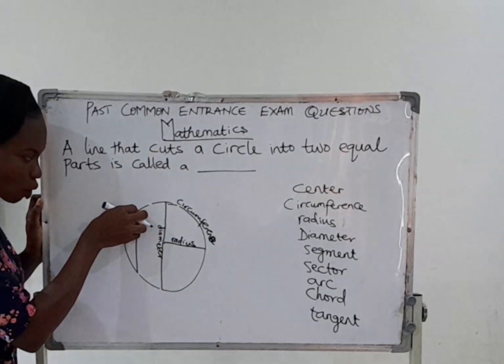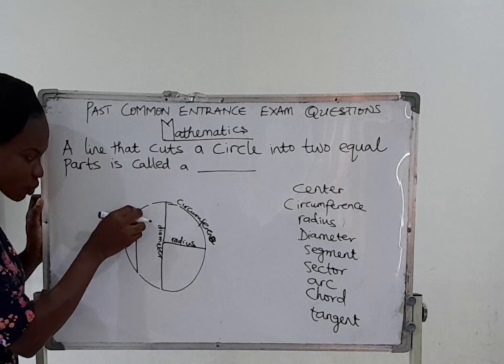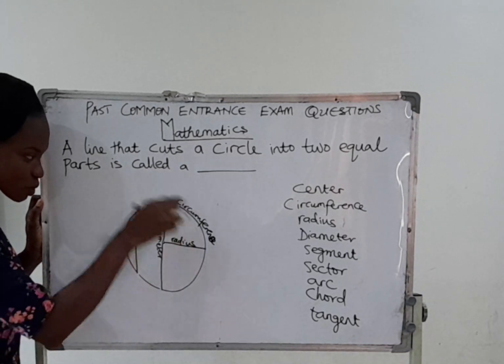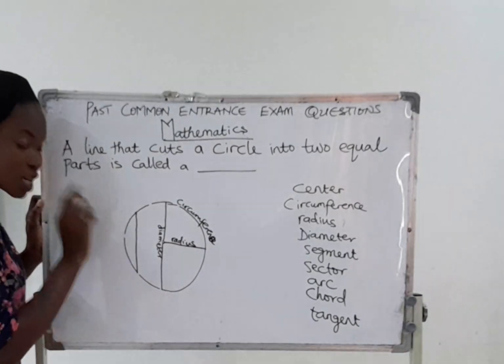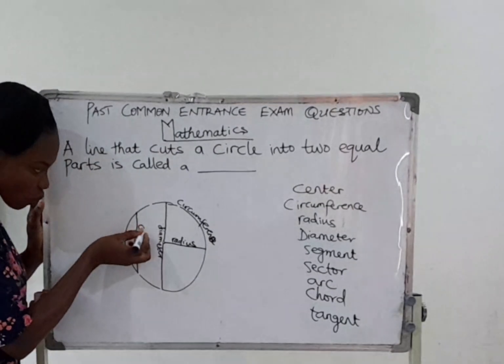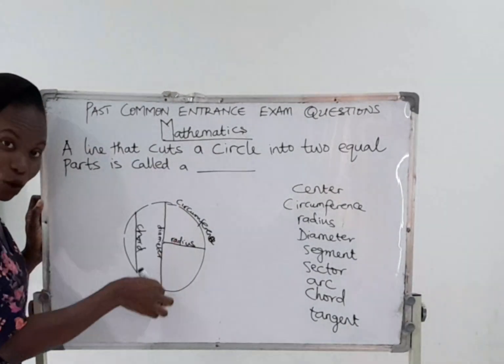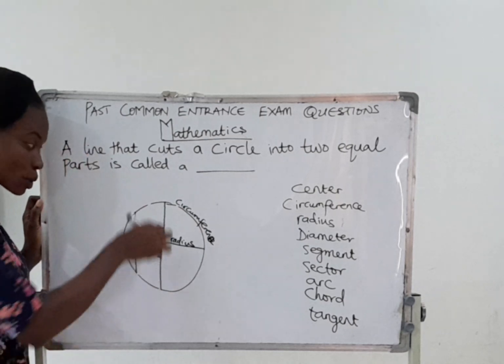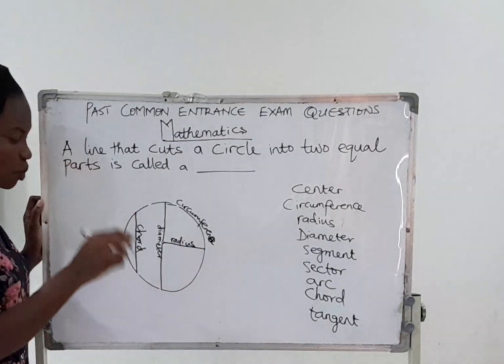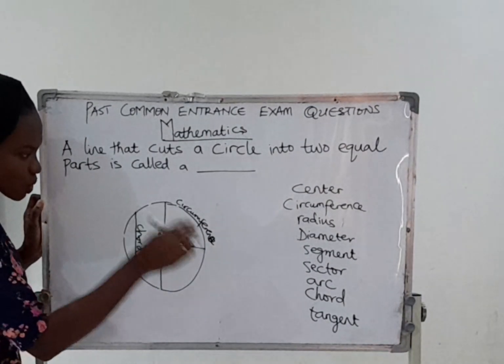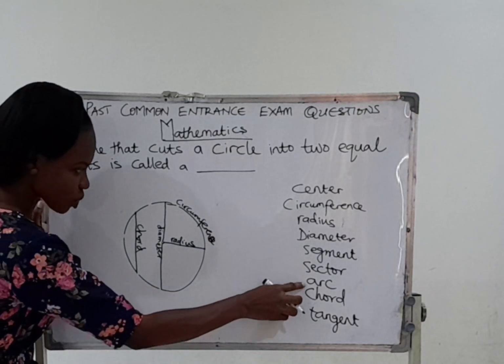Any line that touches the circumference of the circle from one point to another is called a chord. So in other words, a diameter is actually a special type of chord that divides the circle into two equal parts.